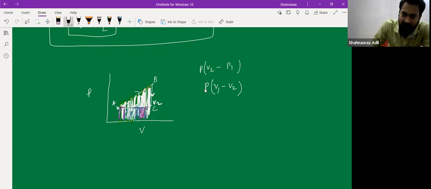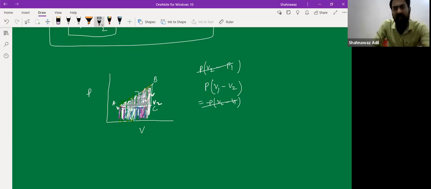So this part is minus of V2 and V1. So if we add them, this region and this region cancel out, and we are left with this region. That is why in a cyclic process, we calculate the area bounded by the loop. Is that clear, Marita?